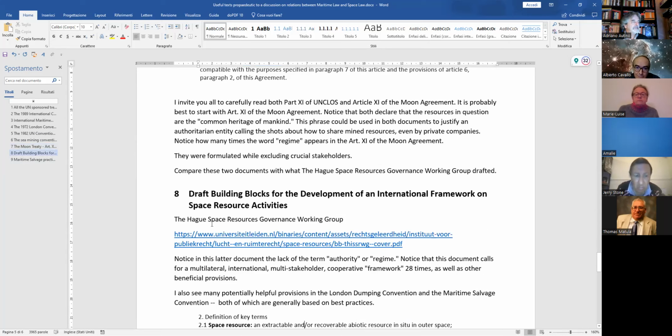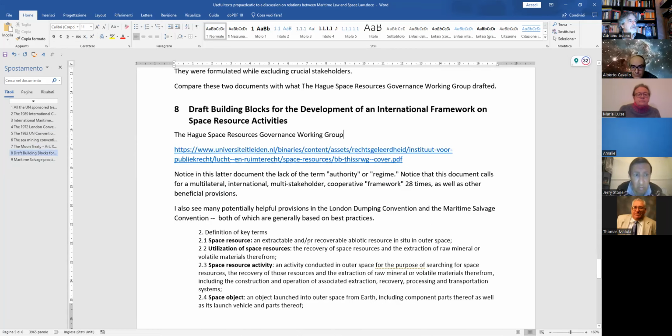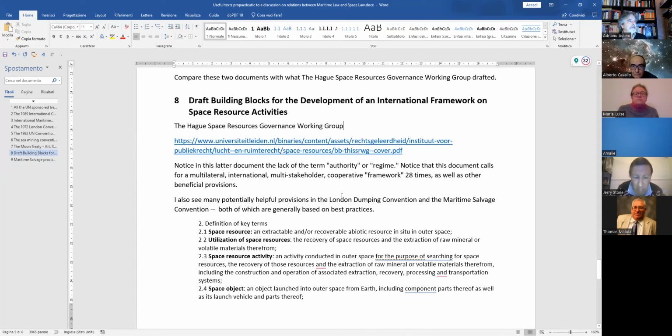It was also reported that some other document, in particular the draft building blocks for the development of an international framework on space resources activities made by the Hague Space Resources Governance Working Group, seems to be more positive and open. It doesn't mention the term authority or regime, and in opposition, it mentions the word framework, cooperative framework, 28 times.